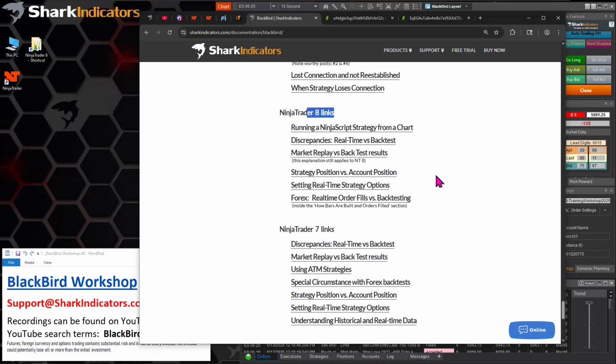So NT8 links, right? Discrepancies between real-time and backtesting. That's probably number one. Market replay versus backtest. Yeah, number two, right? So one's a live run versus a static back test.